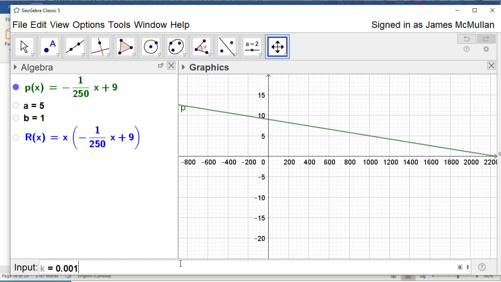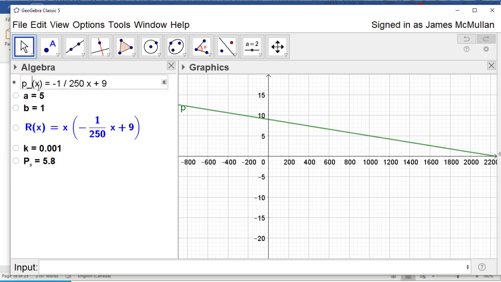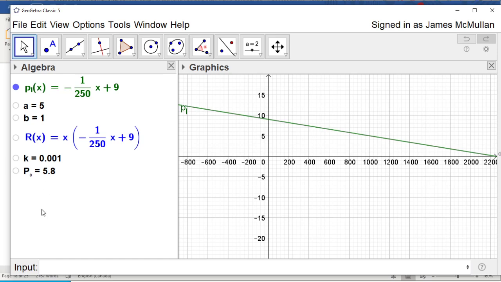So they said k was 0.001. Let's get more decimals here. Okay, so that was k. Then they said P0 was 9. And then they said the demand function, which I'm going to rename. Let's just rename this demand function to the linear demand function, okay?